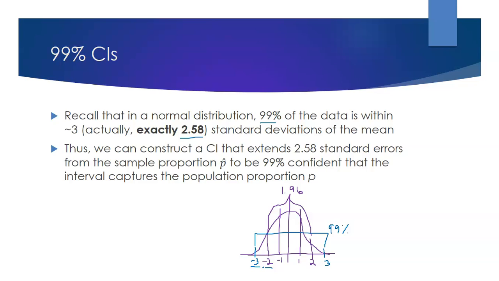So with regard to creating a confidence interval then, for a 99% confidence interval, we utilize that 2.58 value to create a confidence interval that's exactly 2.58 standard errors from the sample proportion that we obtain.